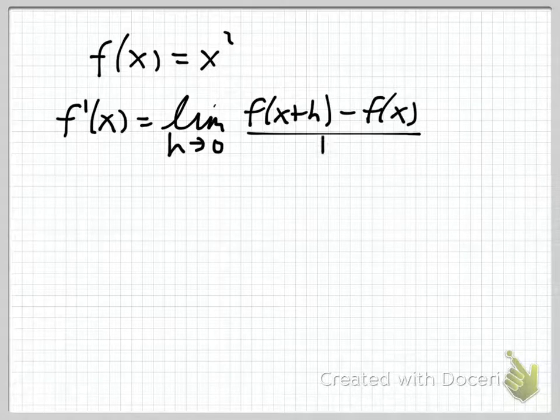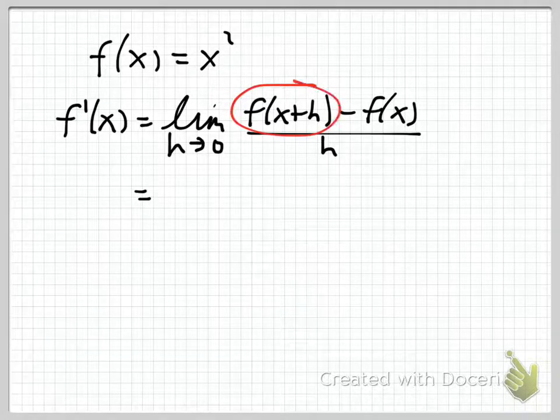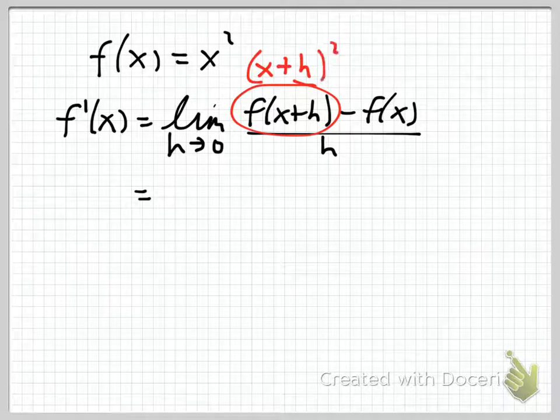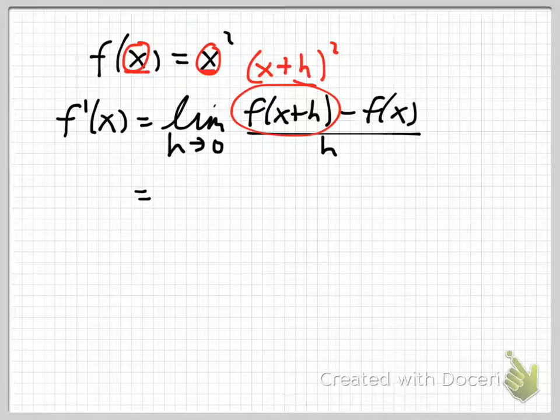You should be copying this down. Well, we know that f of x plus h is x plus h squared, because f of x is x squared. So if the input is x, we're going to take the input and square it.